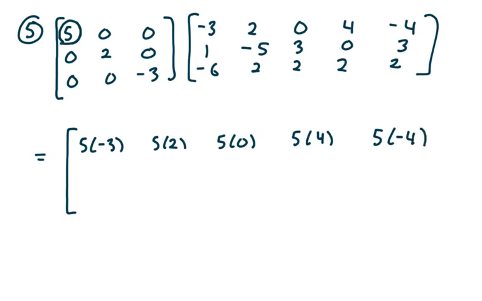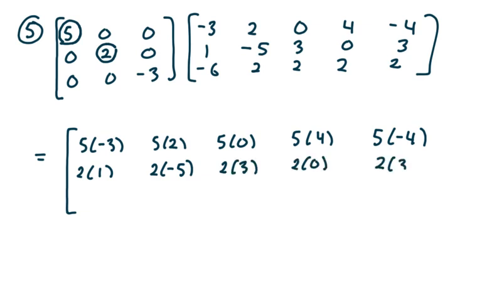And then I'm going to take this 2 and multiply it by every entry in the second row of the second matrix. So I get 2 times 1, 2 times negative 5, 2 times 3, 2 times 0, and then 2 times 3.